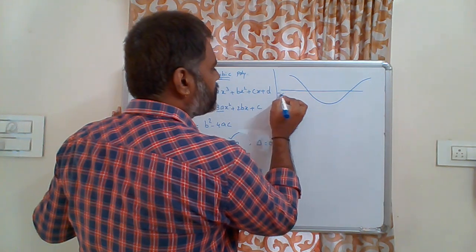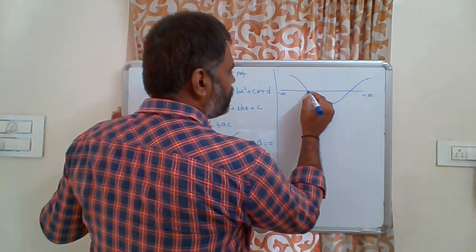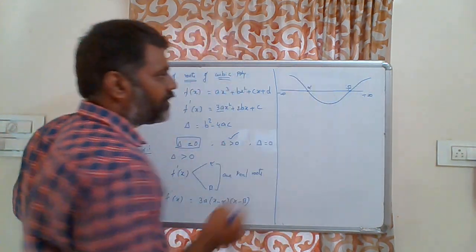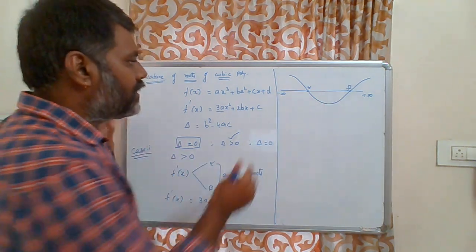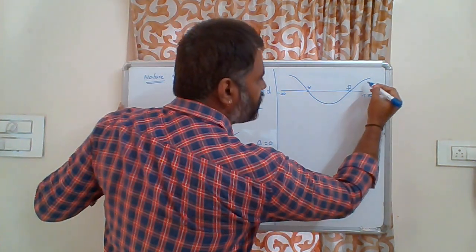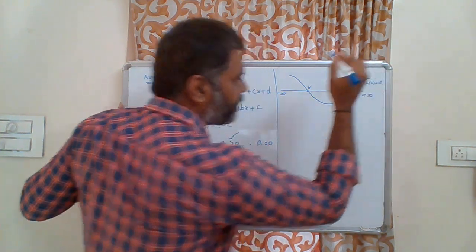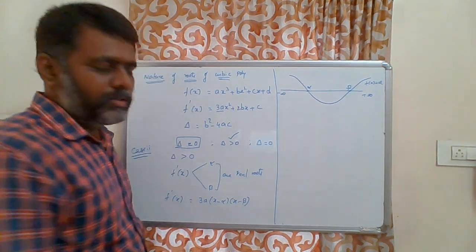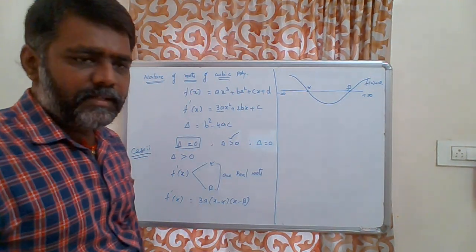So this is minus infinity and this is plus infinity. This is alpha and beta. Alpha and beta, those two are real roots. Real root means intersect on the x-axis. Here we can observe that f dash of x is positive.